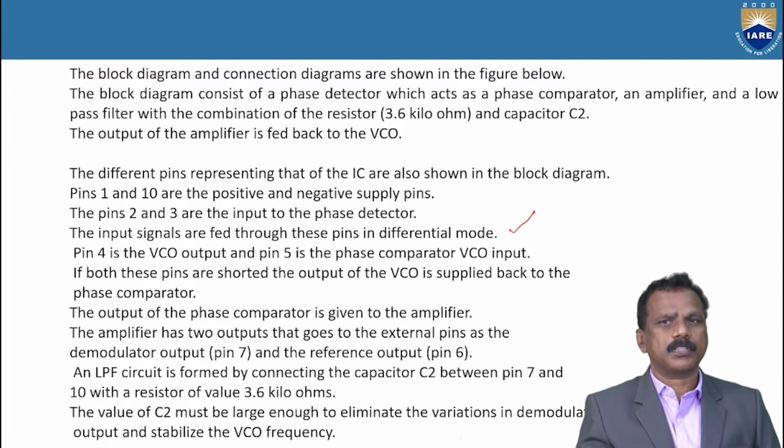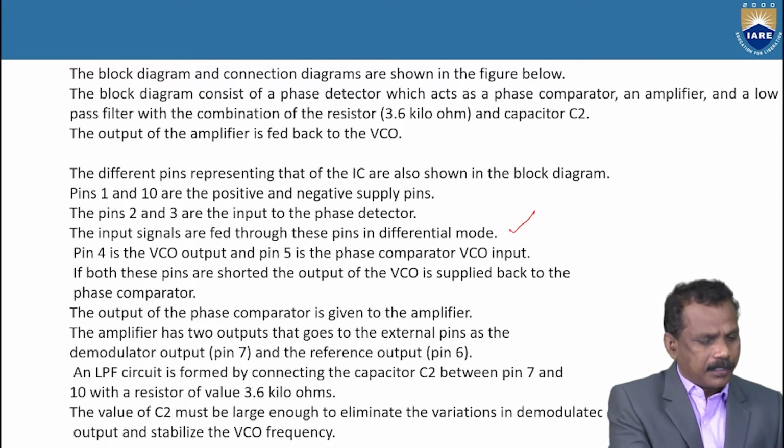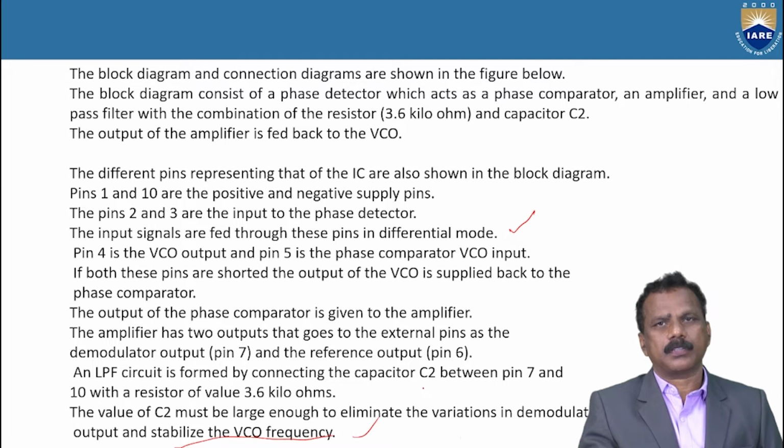The value of C2 must be large enough to eliminate the variation in the demodulated output and stabilize the VCO frequency, the voltage control oscillator frequency.